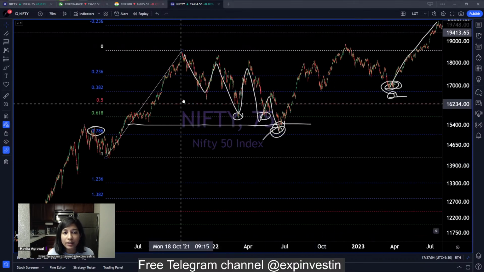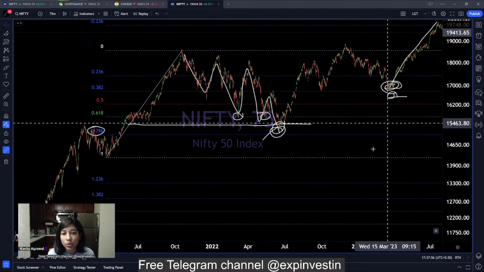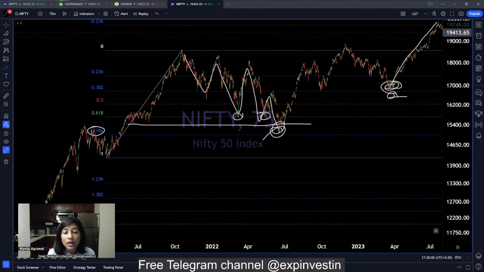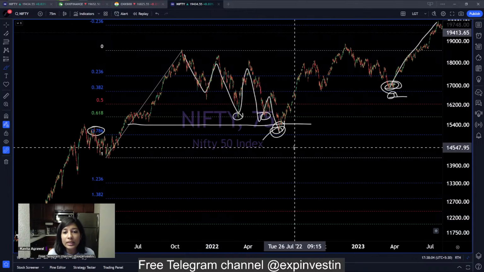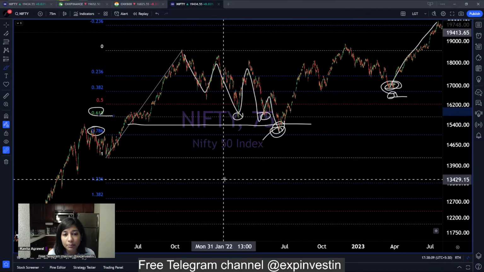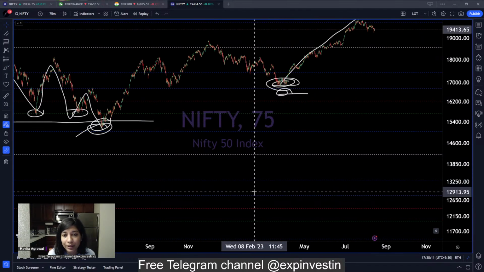It's actually a very fun exercise to keep drawing these Fibonacci retracements, because the consistency, or the number of times you will see price perfectly turning away from the 61.8%, is quite baffling.